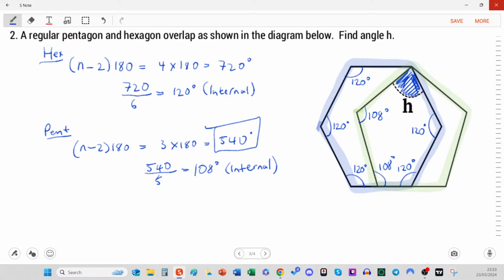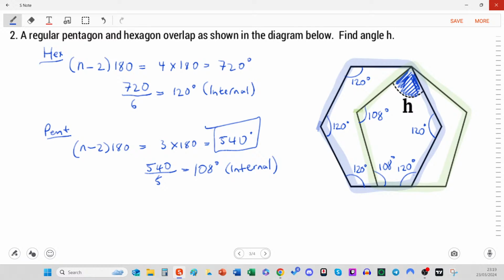We've got 108 times 2 added to 120 times 2 gives us, wait, I'm not sure that's correct. I'm going to do that again. 108 times 2 plus 120 times 2. Oh, well, it is. Never mind.